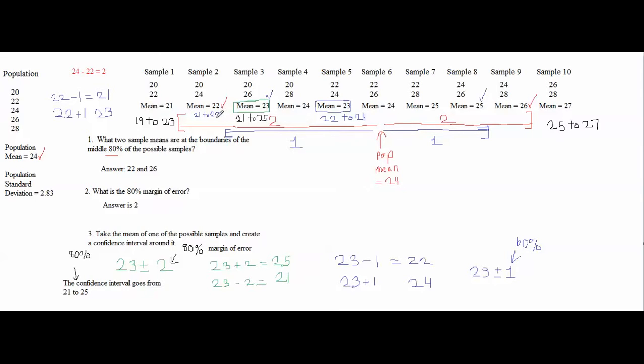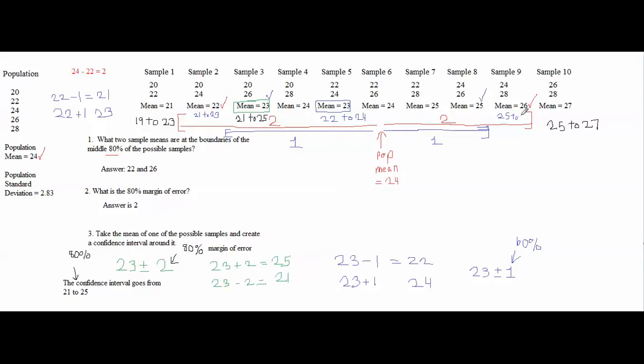It doesn't include the population mean of 24. We already did this with sample 5, which is in the middle 60% in the blue area. What if we do it with 26 that's out here above this blue area, above the middle 60%? We get, if we add and subtract 1, we get 25 to 27.